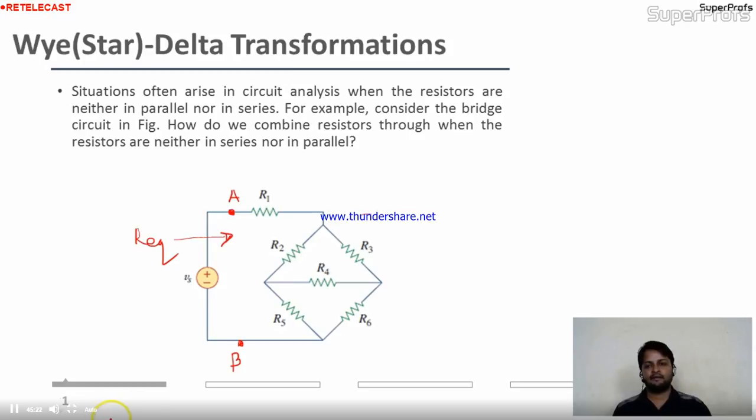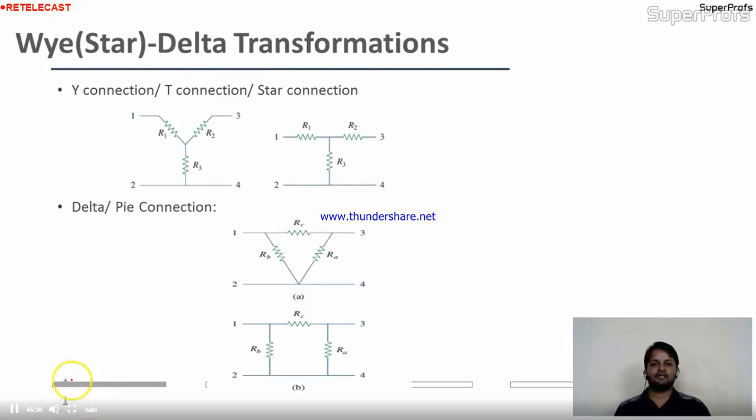Before discussing the formula for star and delta connection, we see the structure of delta and star. If three resistances are connected in this way, this is the star connection. It makes a star, that's why we call it the star connection. It also looks like a Y connection, so this is the Y connection.